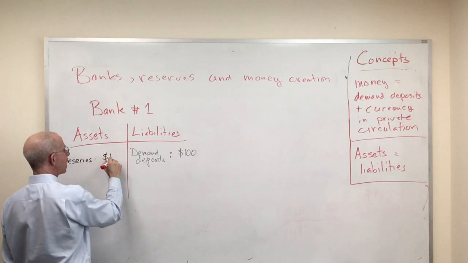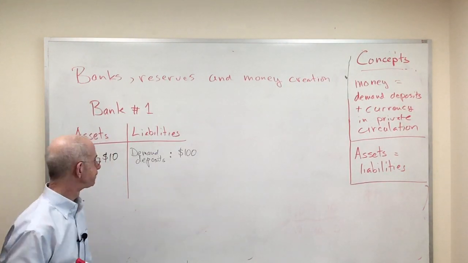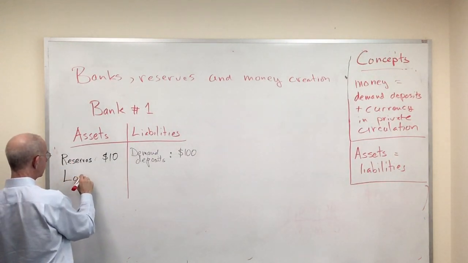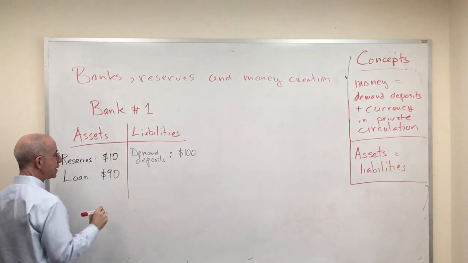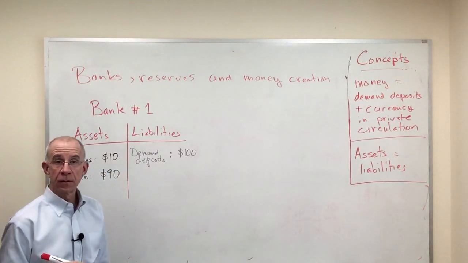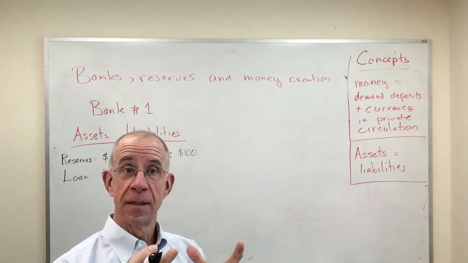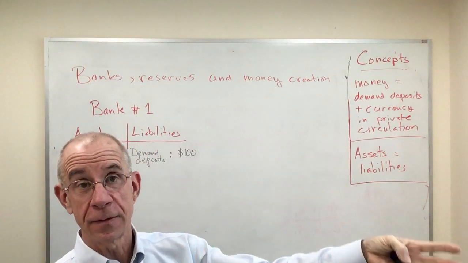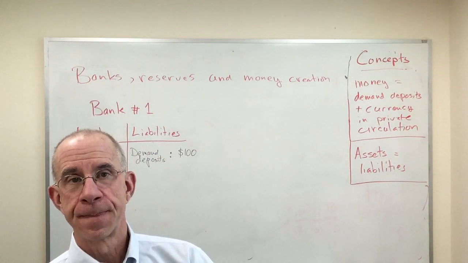Let's say they keep $10 just in case they do show up, but they loan $90 out to somebody else. They take some of those $90 bills and they loan it to somebody in the economy.